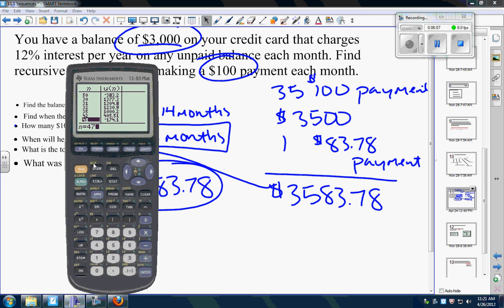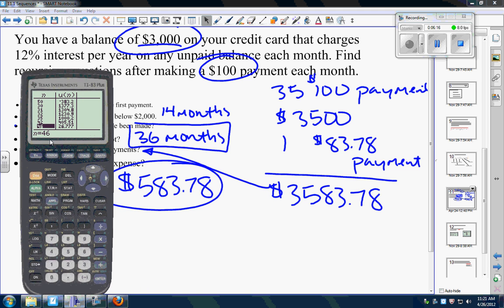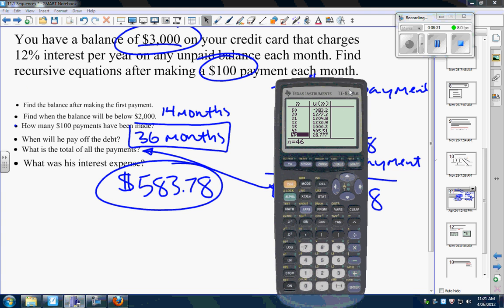There we go. So it's got to be about month 47 or 46. There we go. So now you double that interest rate. It takes you 46 months of $100 payments, and then plus another $26.78 on top of that. So it takes you almost a year longer, and we could figure out how much more money you're actually going to be paying in interest with those.